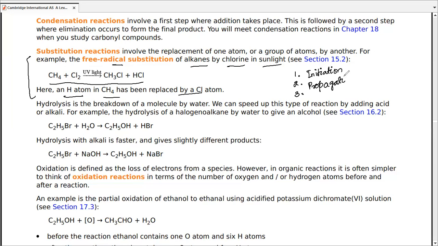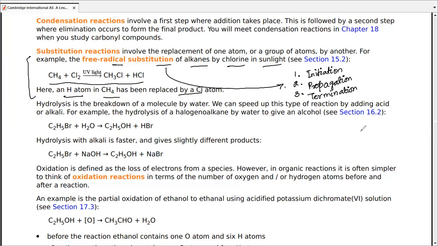And propagation is like a series of chain reactions which goes on and on until the radicals actually react among themselves to produce a molecule, which we usually call a termination step. So since there were three steps to this one, we already know how this is going to happen.